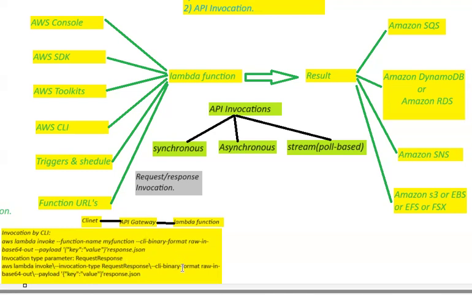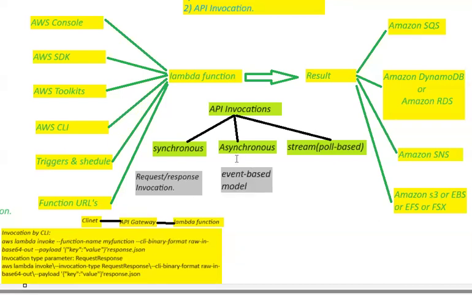And you write the same --cli-binary-format raw-in-base64-out, and payload is the same key value pair with response.json. In this way you can invoke your Lambda function synchronously.